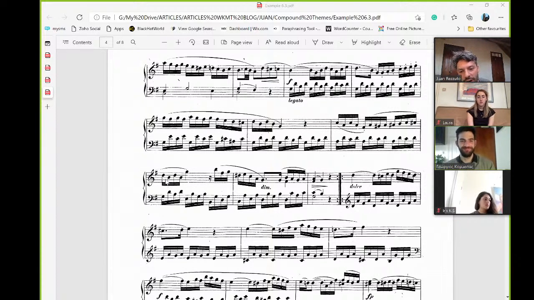Because you have sol re, then you have re si, then si re, then re si, and then mi sol. The Alberti bass is not one voice going up and down. It's three voices. It's true. So it's hiding a parallel fifth.